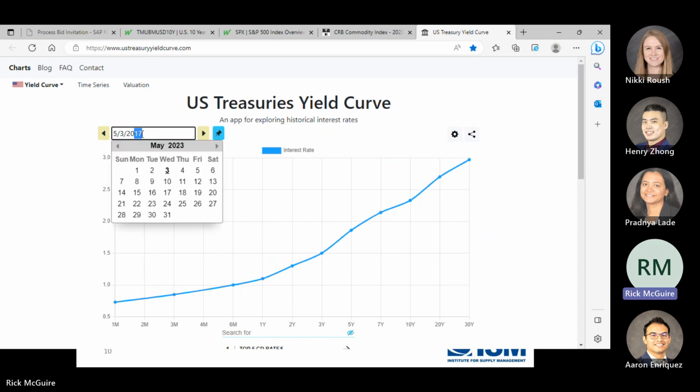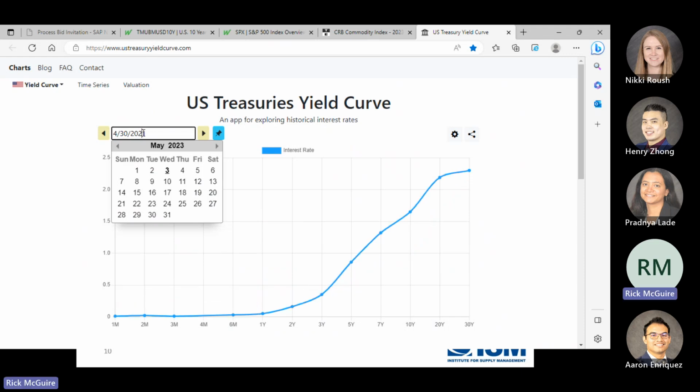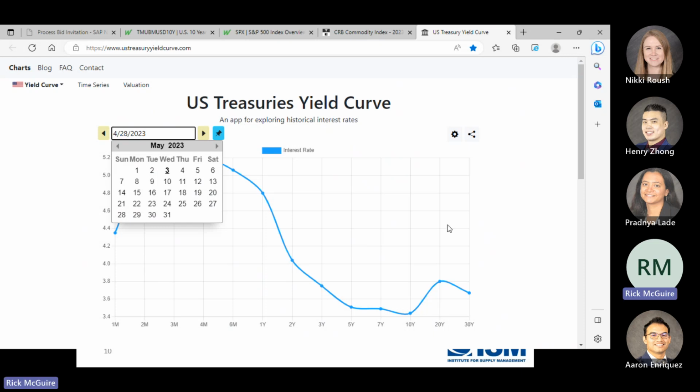But as you can see, over the last 5 years or so, things have just been getting weirder and weirder, where it started to flatten and then it started to invert till we get to where we are today. And it's just weird.